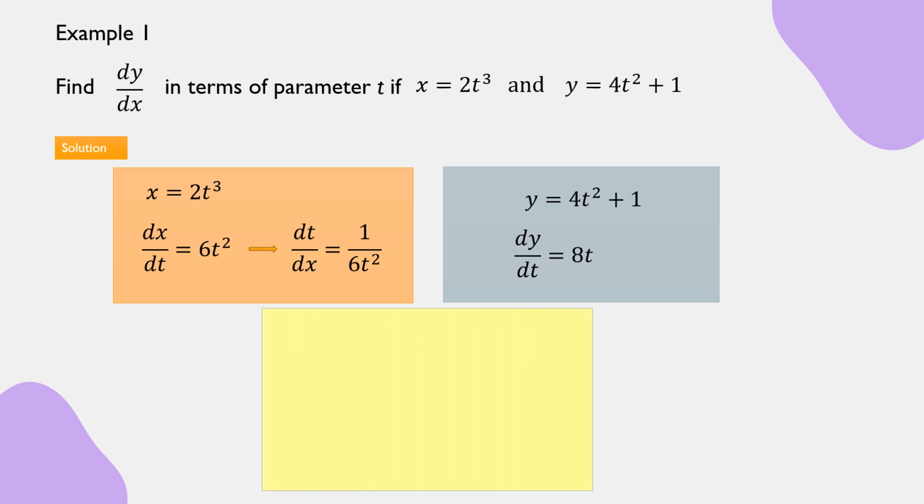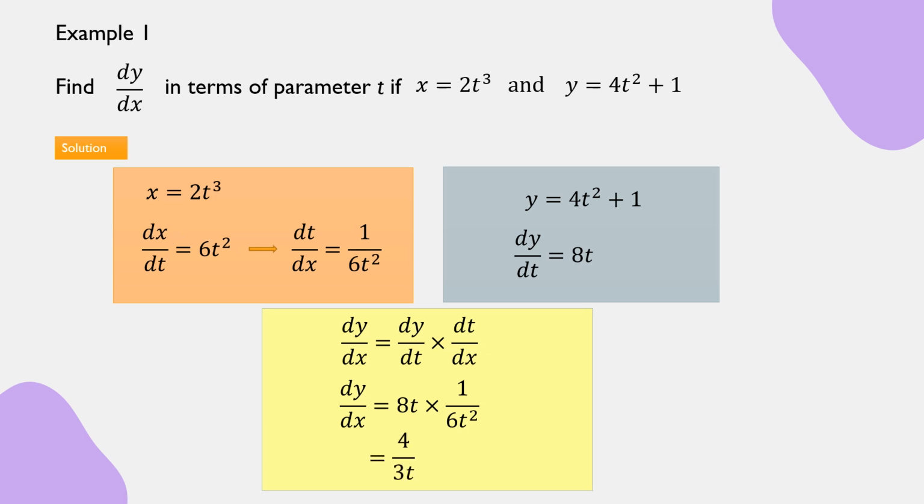So dy/dx equal to dy/dt times dt/dx. dy/dt equal to 8t, and then dt/dx equal to 1 over 6t squared. Okay, the final answer is 4 over 3t.